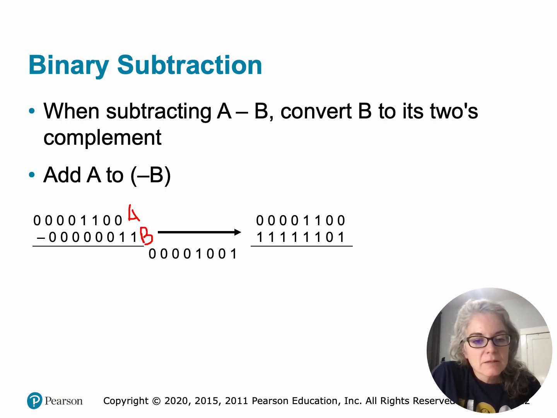So we add 1 right there. So this is the 2's complement representation of b. Again, I made all these 1s, I made these two zeros, and I added 1 to the end. So this is the 2's complement for b. I have to do that first.